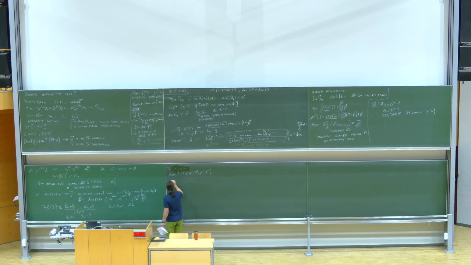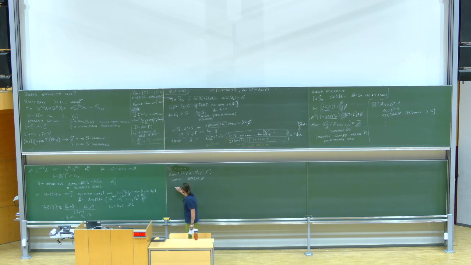So suppose by contradiction that the border rank of T is less than 8. This number here is 8 for this particular example.